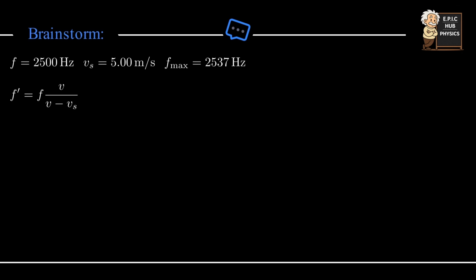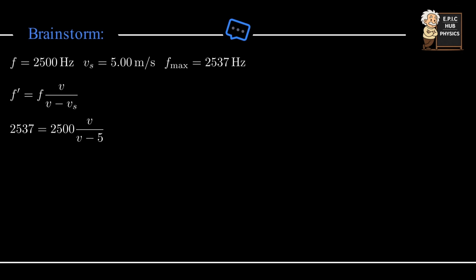So we substitute the numbers into the equation. The observed frequency is 2,537, the source frequency is 2,500, and the source speed is 5 meters per second. This gives the equation 2,537 equals 2,500 multiplied by v divided by v minus 5, where v represents the speed of sound.